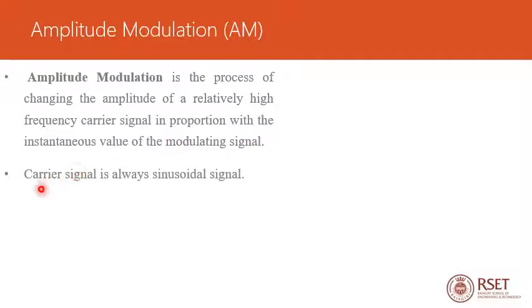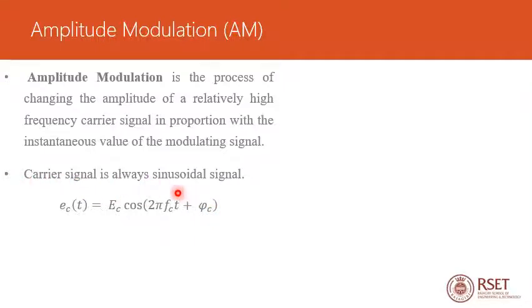This carrier signal is always a sinusoidal signal, that is, a time varying signal, and it can be mathematically described as Ec of t equals Ec cos(2 pi fc t plus phi c), where Ec represents the amplitude of the carrier signal, fc is the frequency, and phi c is the phase of the carrier signal.